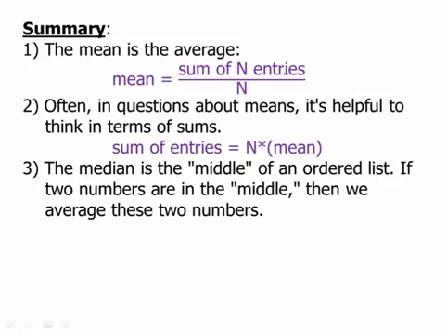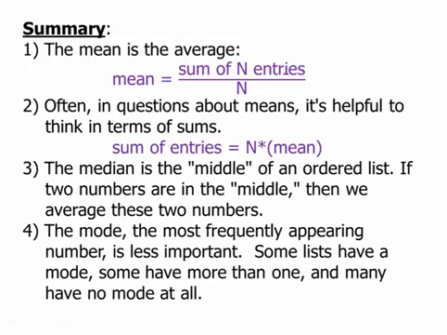If 2 numbers are in the middle, then we simply average those numbers. And the mode, the most frequently appearing number, is just less important. Some lists have a mode, some have more than one, and many have no mode at all. Theoretically, the test could ask you about a mode, but it's much, much less common than questions about mean or median.